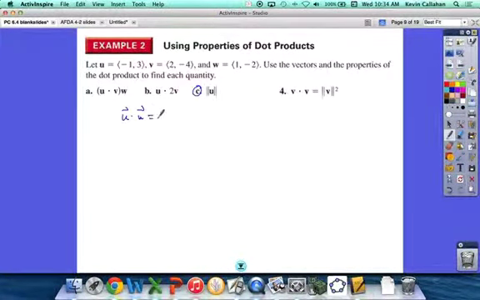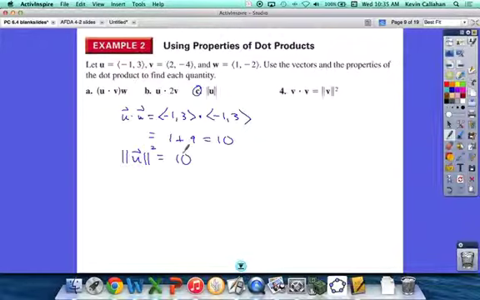So this is going to be negative 1, 3 dotted with negative 1, 3, which is 1 plus 9, 10. So that tells us that the magnitude of u squared equals 10. But we don't want the magnitude squared. We want the magnitude. So we will take the square root. So the magnitude of u equals the square root of 10.